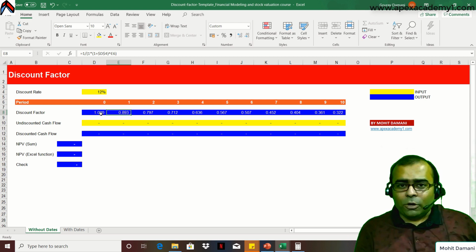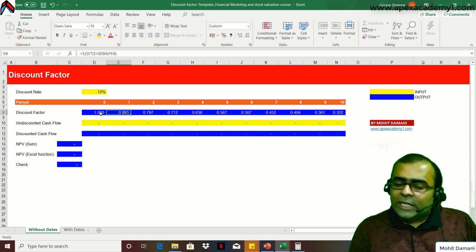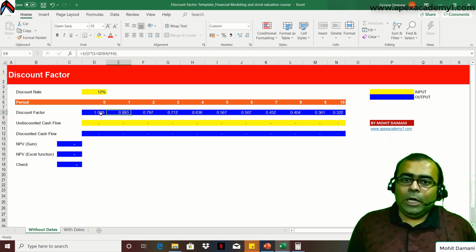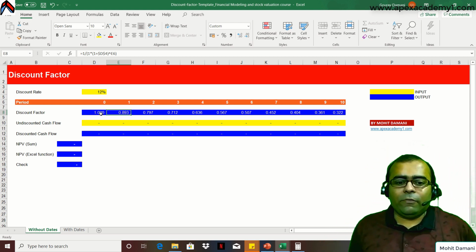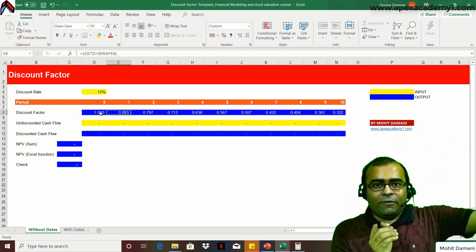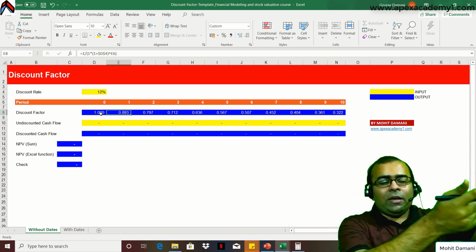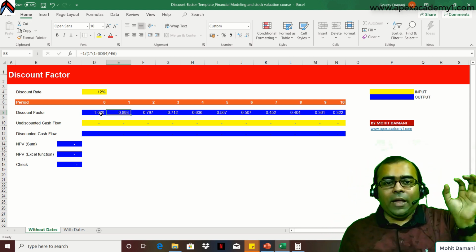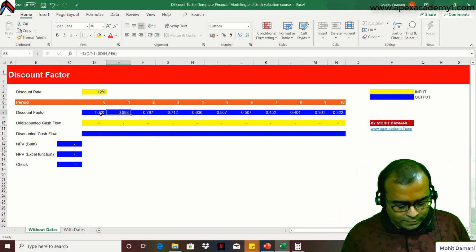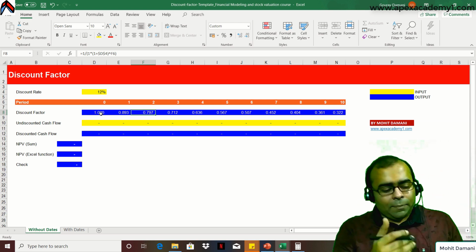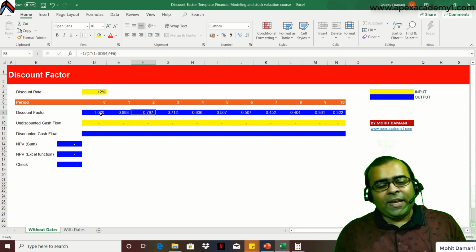Second, if $1 is standing after 1 year, what will be the value of $1 today? So 0.893. $1 standing after 1 year becomes 0.893 today if the rate of discount is 12%. Similarly, $1 standing after 2 years becomes 0.797.